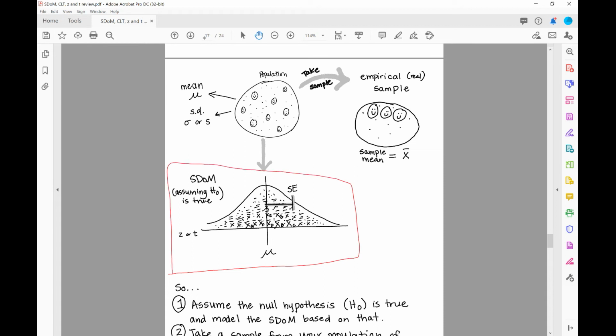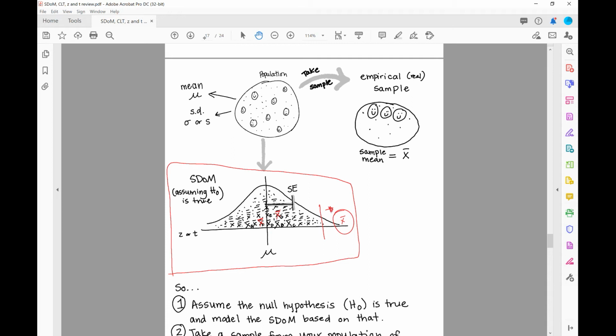We want to know, if the null hypothesis was true, what kind of means would I expect to see? If it's true, this mean here is pretty common. If it falls over here, that's pretty common. But if I end up getting a mean that's way out here, that's going to tell me that's weird. It's in my weird region where I'm going to reject that null hypothesis.